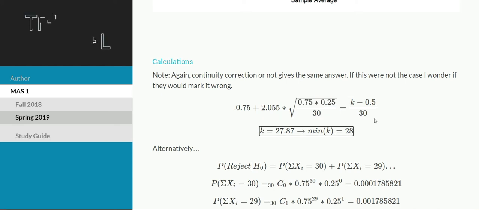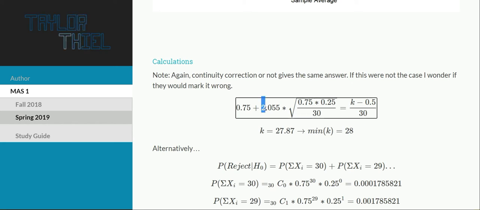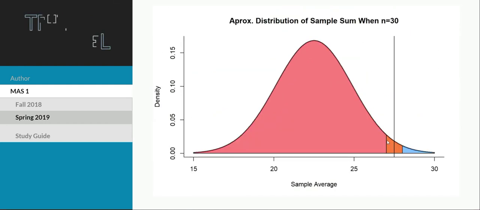And then finally, that needs to equal (k minus 0.5) divided by 30. So whatever our critical region is, we want to be 2.055 standard deviations above 0.75. And as we mentioned in this visual here, let's say our rejection is 28. Well, if that were the case, we want the area to the right of this vertical orange line to count, because we want to do this continuity correction.